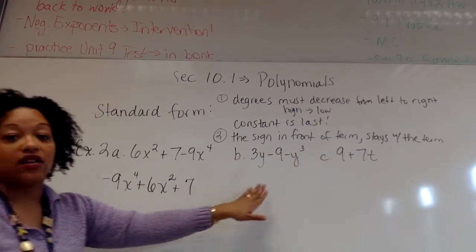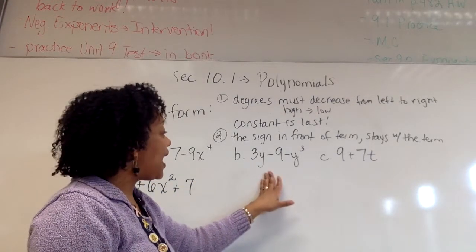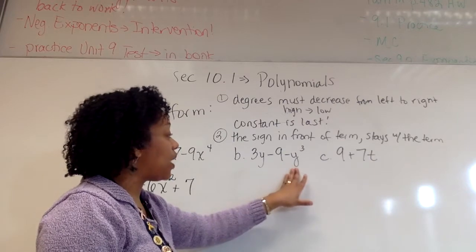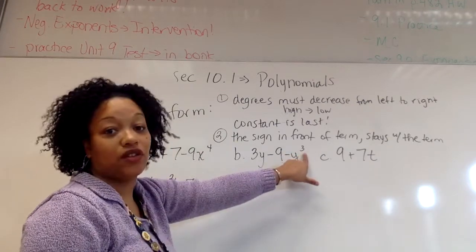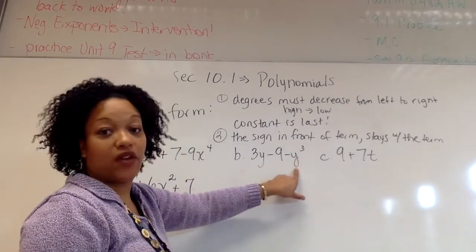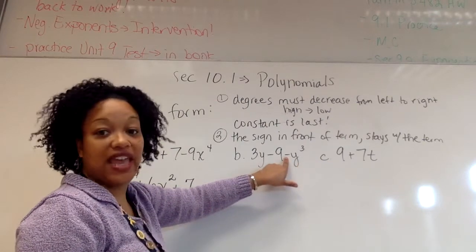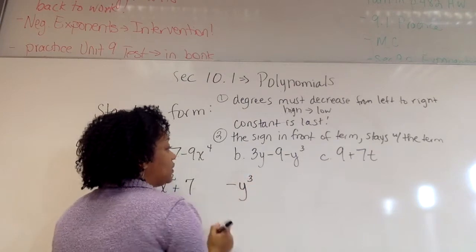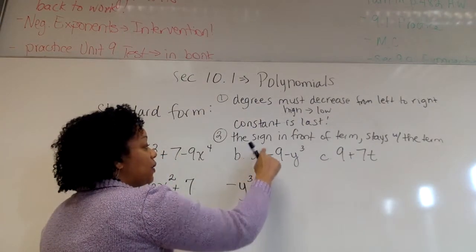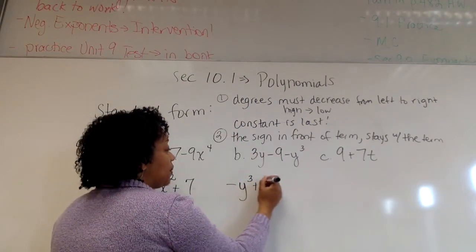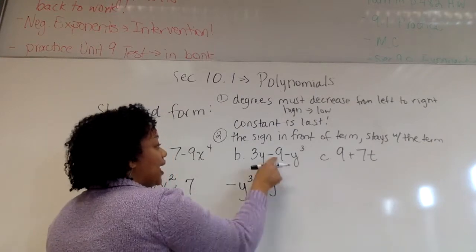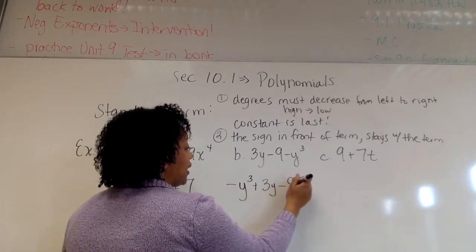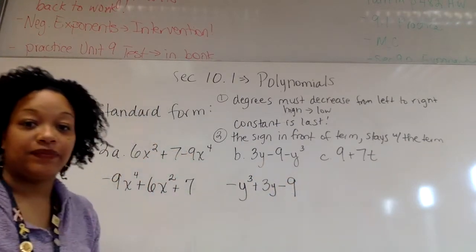All right, now look at letter B: 3y minus 9 minus y cubed. Here's my highest degree. It's attached to the variable, and the variable is attached to the negative sign. So I'm going to start off with negative y cubed. Then my next exponent is this 1, so that's positive 3y. And then, as always, my constant is last.